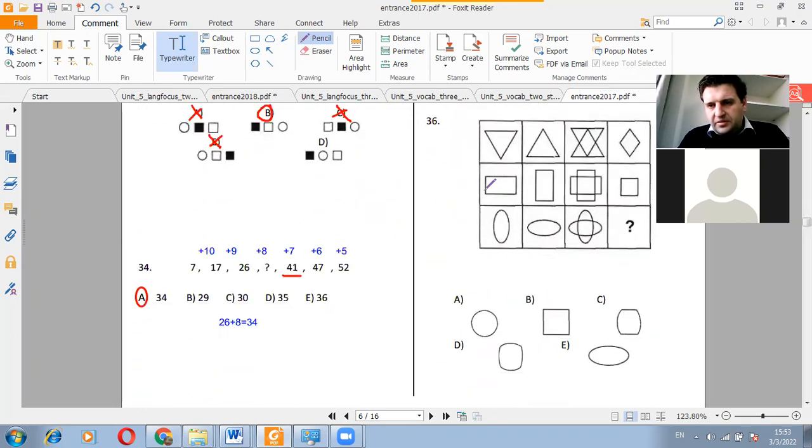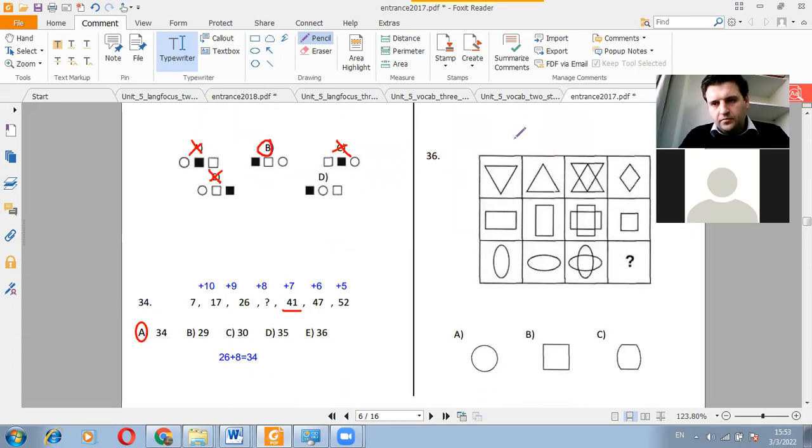Question 36. Okay, if we do the same logic here, row number 1, column, let's say column number 2, 3, and the fourth column. So what's the relationship? Let's see.